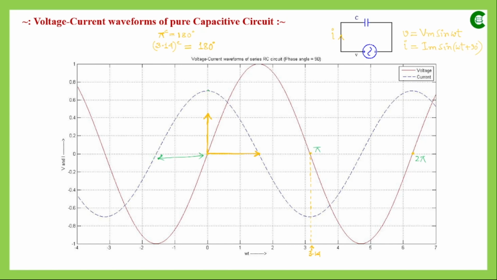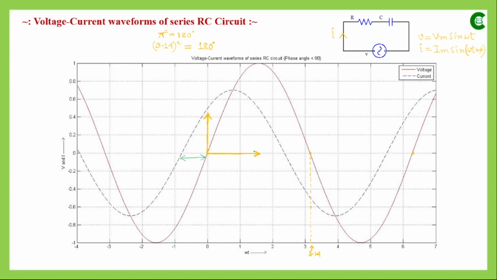So if the phase difference is 90 degree, be it a purely capacitive or inductive circuit, when one component has minimum value, the other component has the maximum value. Likewise, when the voltage is at peak, the current has minimum value. That happens in case of a pure circuit, purely capacitive or inductive, not for an impure one.